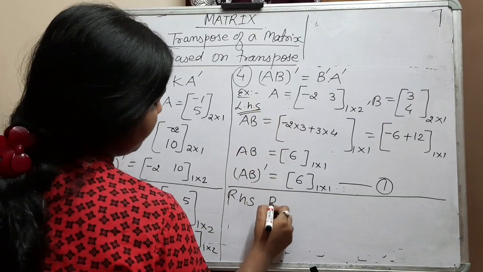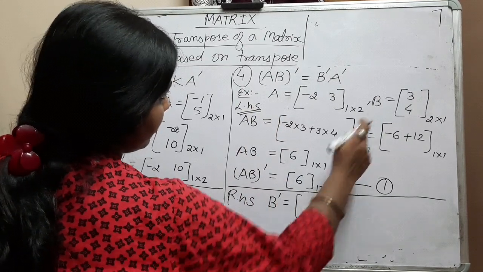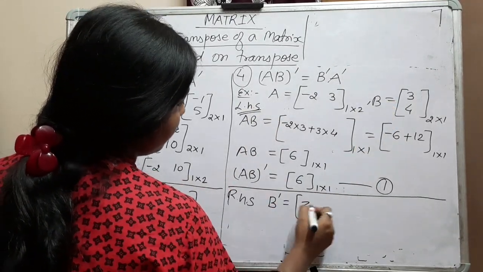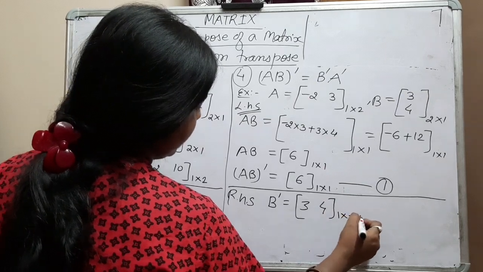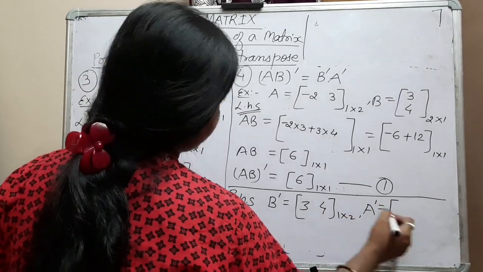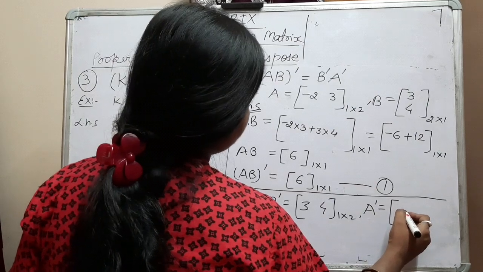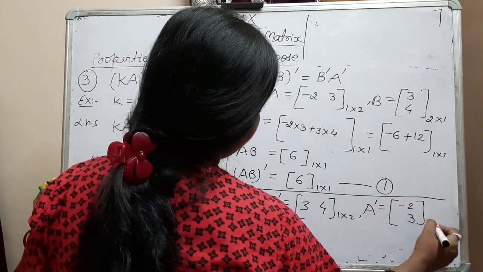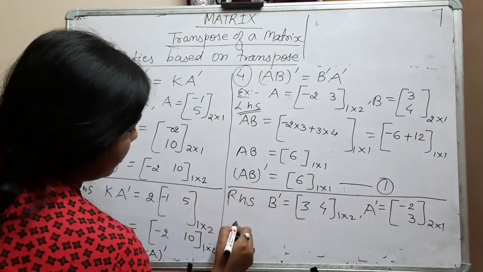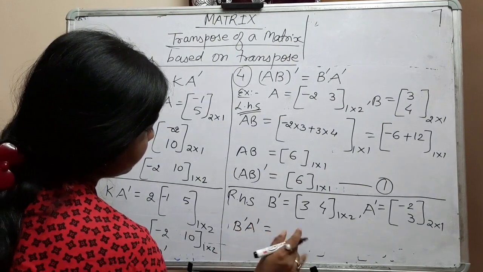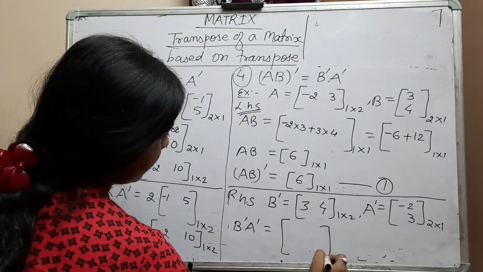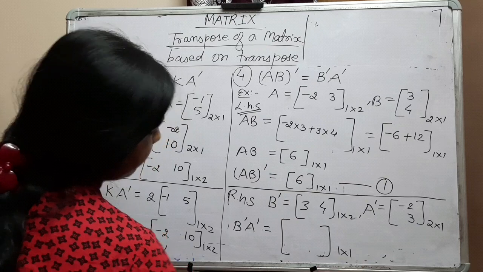Now we will find the right hand side part. First B dash, which will be 3, 4, of order 1 by 2. Then we will find A dash, which is minus 2, 3, so it will be 2 rows, 1 column. So we find B dash A dash, which obviously will be of order 1 by 1.